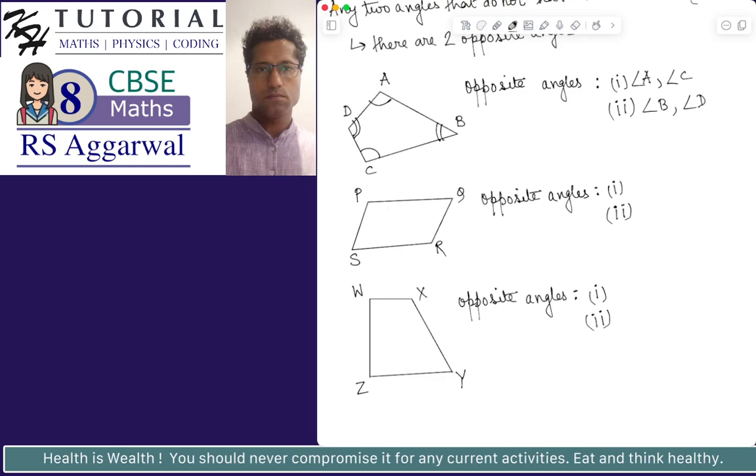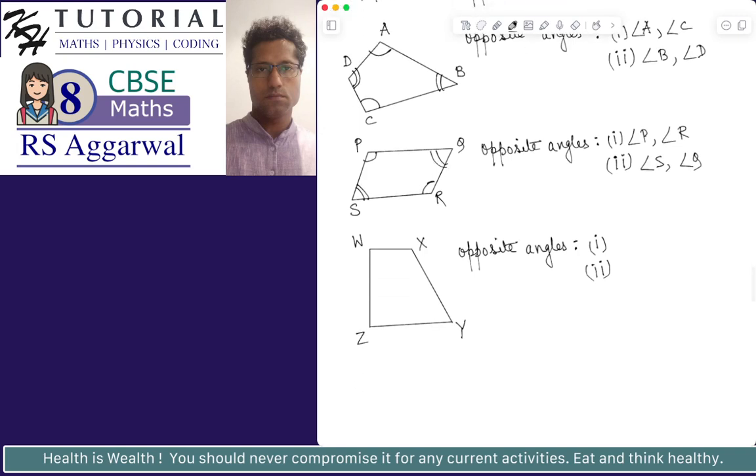For the second quadrilateral, angles P and R are opposite angles, and angles S and Q are opposite angles. So angle P and angle R is one pair of opposite angles, and angle S and angle Q is another pair of opposite angles.